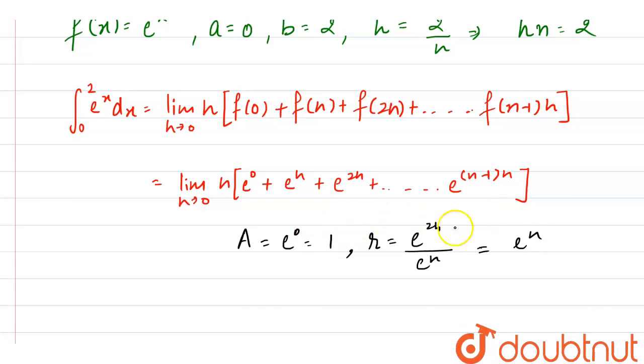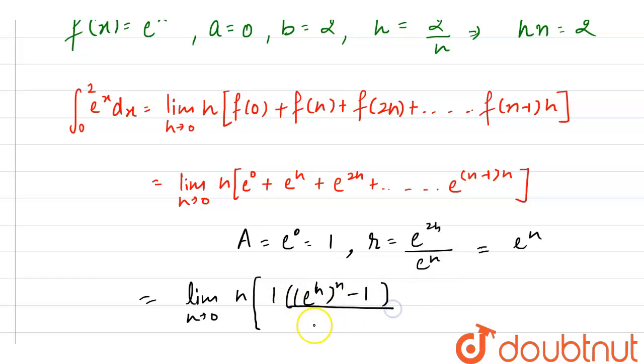Here it will become the limit h tends to 0 of h, and the sum of n terms in GP is a into r raised to power n minus 1 divided by r minus 1, that is, e raised to power h raised to power n minus 1 divided by e raised to power h minus 1.